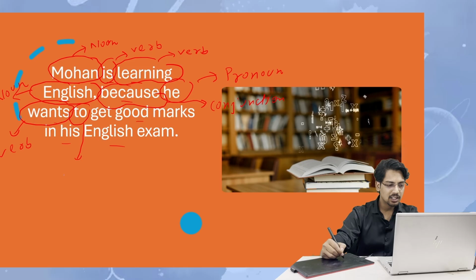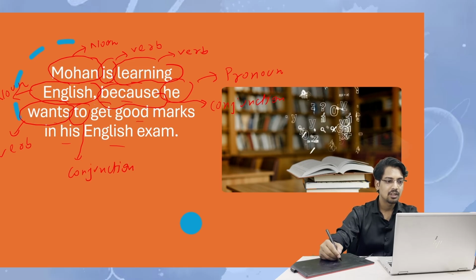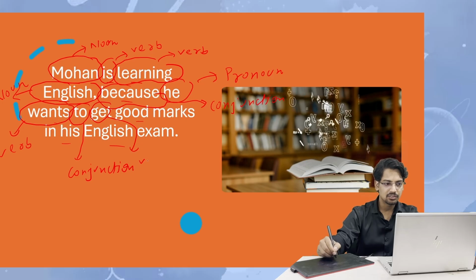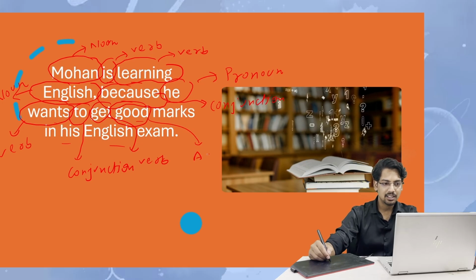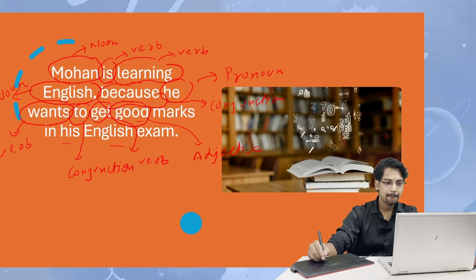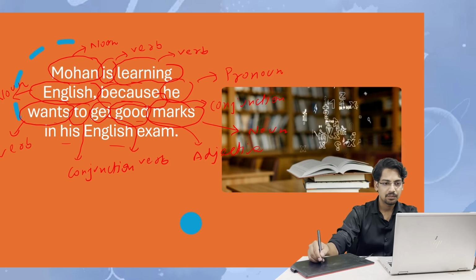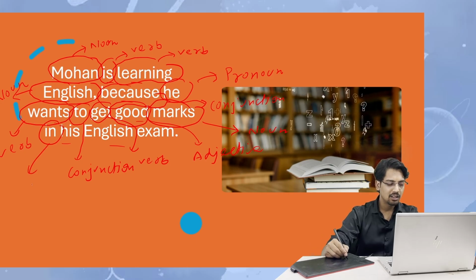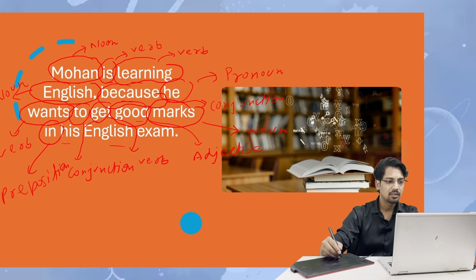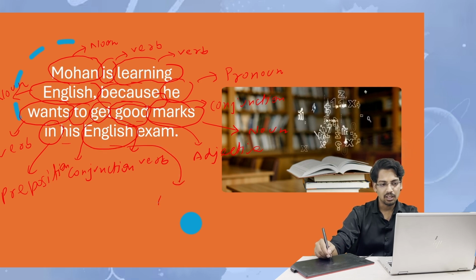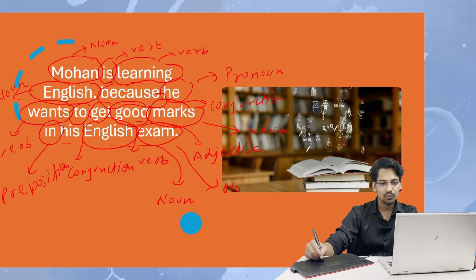To is a conjunction here. Get is a verb. Good is an adjective. Marks is a noun. In is a preposition. His is a pronoun. Examination is also a noun.